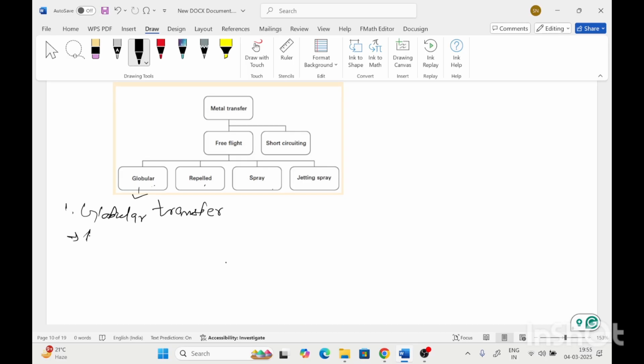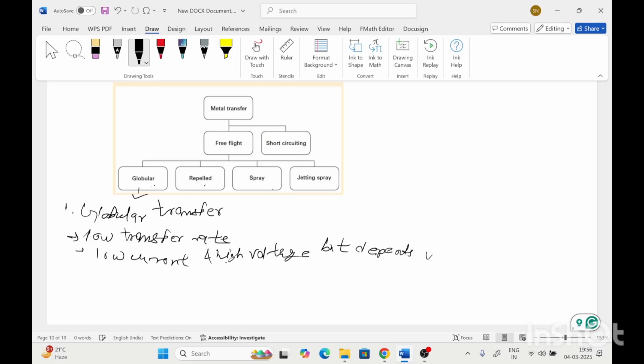Globular transfer has a low transfer rate, low current, high voltage. But it depends on shielding gas and composition.